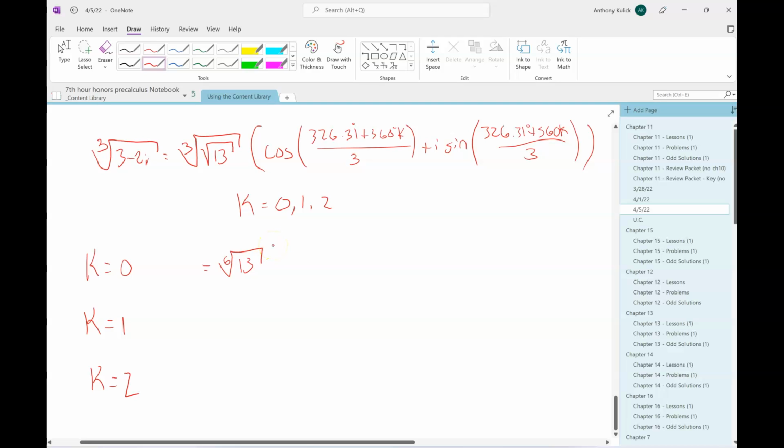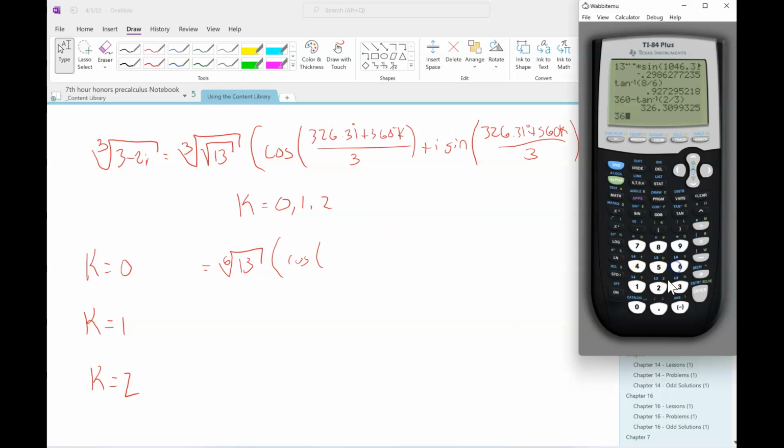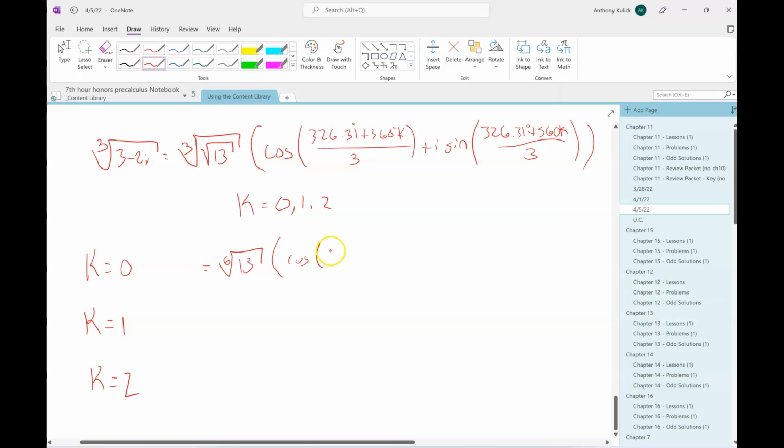It's important. When k is 0, I just end up with 326 over 3. Oops. 6. Oh, let's just do that. So 108.77.